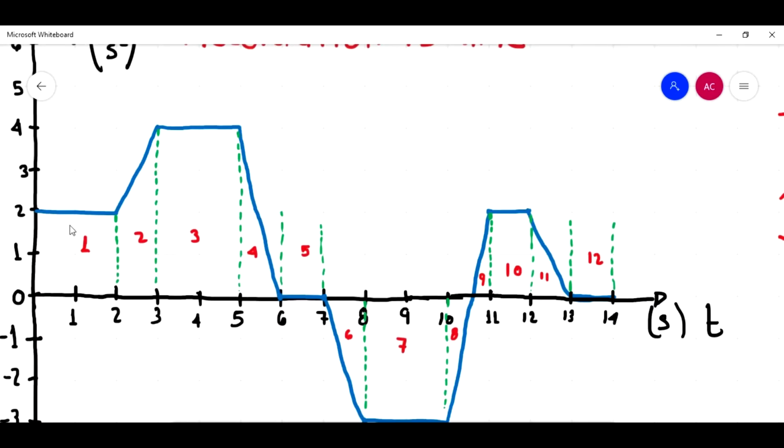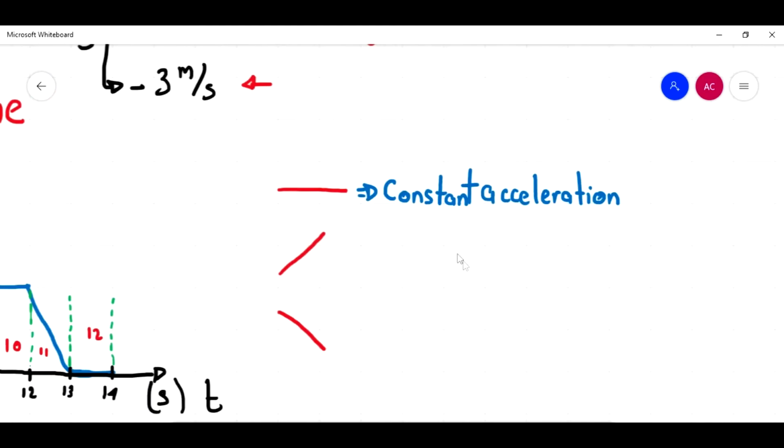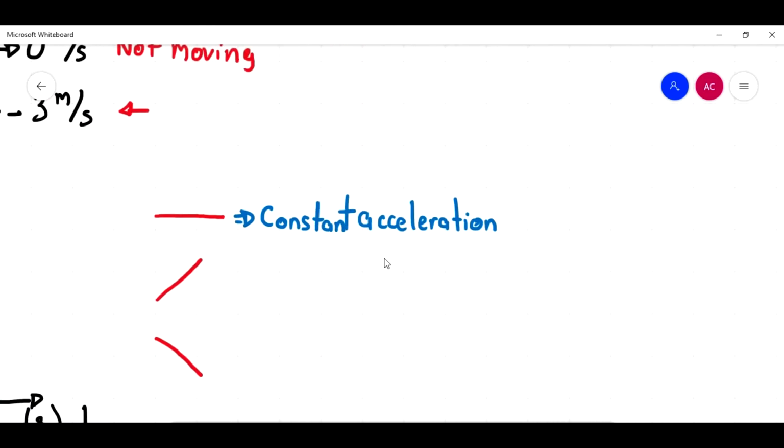Okay, so in the first, third, and 10th segments, the velocity is going to increase because we got constant acceleration. And remember, the acceleration is a change in velocity, so we're going to have two choices.